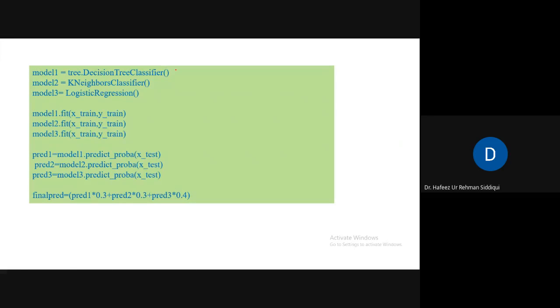So the same idea, these are three models, and we fit them, and then we apply the test set. We got prediction 1, 2, and 3. Prediction 1, the model 1, we gave 0.3 weight.